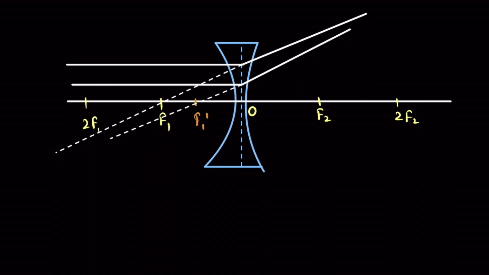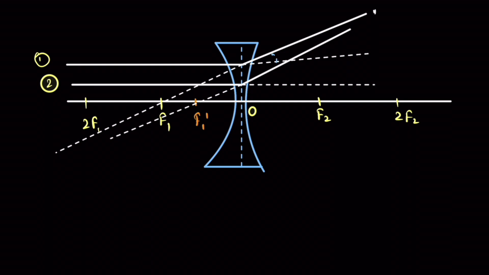So if there is no concave lens, what could happen? This incident ray has to follow this path. You can name this incident ray as 1, and this is the second. With respect to the second, it could follow this way. So here this is our theta and this is our theta dash. Theta dash is greater than theta.